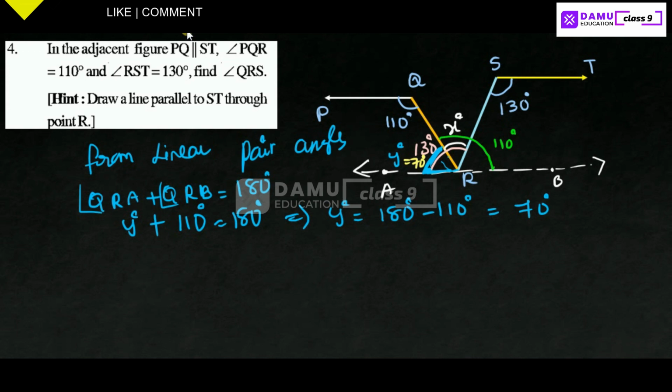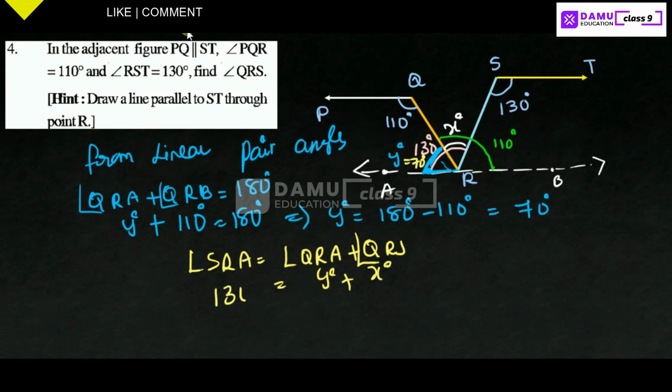So this angle is 70. Then we have 130: SRA will be equal to angle QRA plus angle QRS, that is the sum of y and x degrees. QRA is y degrees, QRS is x degrees, and SRA is equal to 130 degrees.